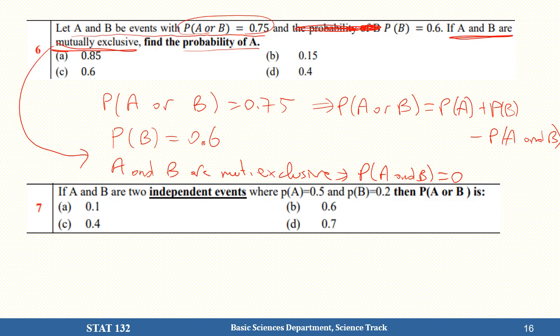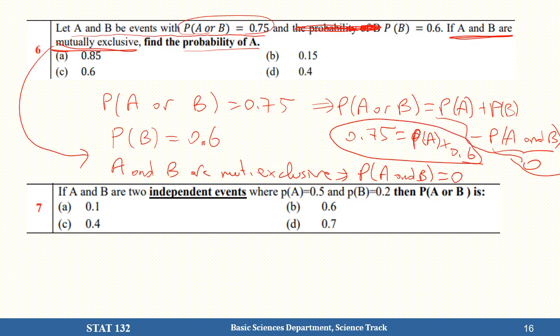So for this reason, you can say this is 0, and now 0.75 is equal to the probability of A plus 0.6. So if you solve this one, the probability of A turns out to be 0.15.